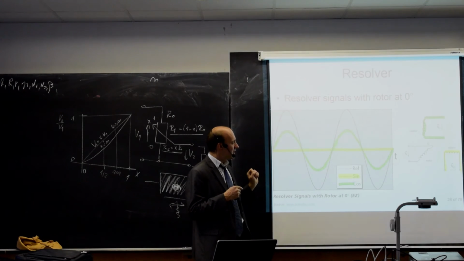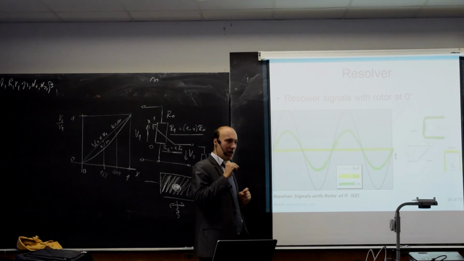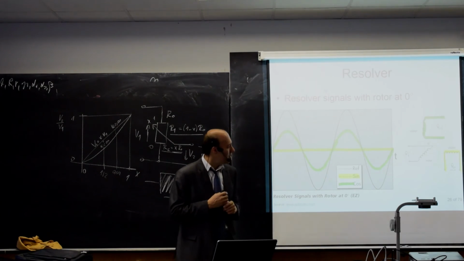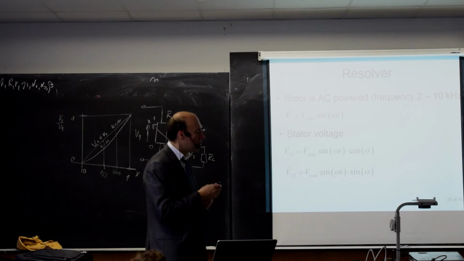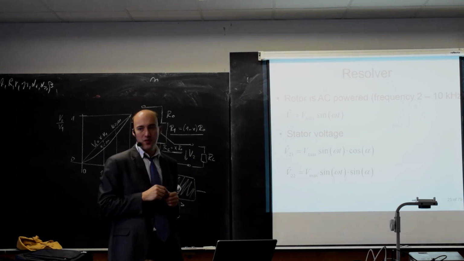And since now alpha is 0, then I will have one winding with 0 voltage. Which one? If you look at those equations, and if alpha is 0, then this term is 0, and then this voltage will be 0.